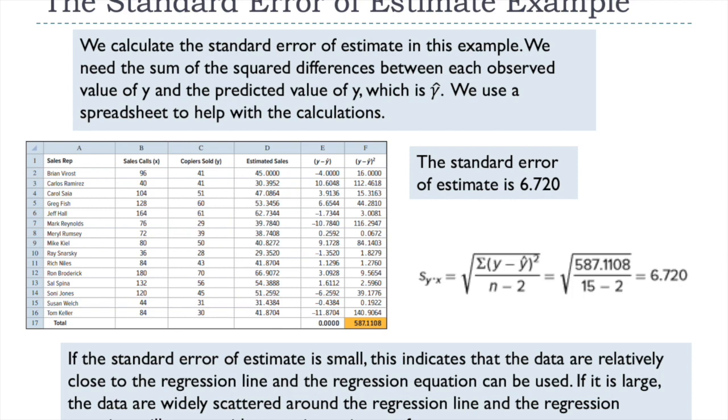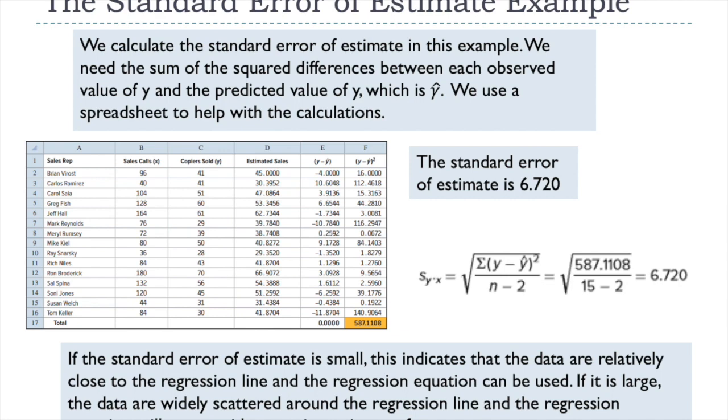Again, going back to the example that we've been using here, we are taking our information and going back to this chart that we've been using, but now we're subtracting y from those estimated values of y, that y hat, and then we're squaring that because that's what we need for our equation for the standard error of estimate.